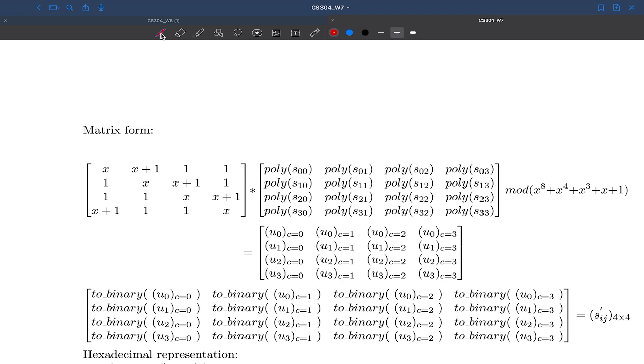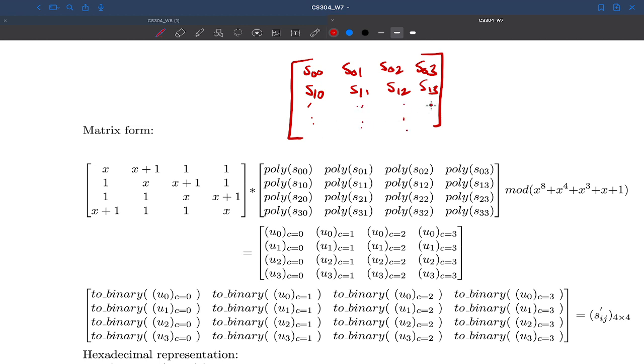In my input we have S00, S01, S02, S03. Similarly here S10, S11, S12, S13, and so on. You got how it is looking, right? This is my input.